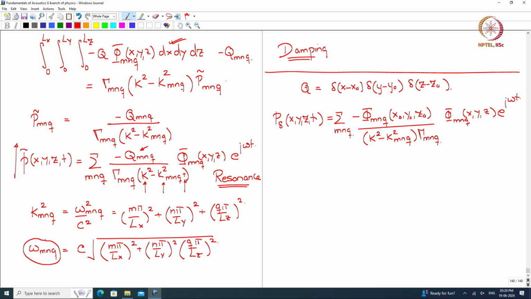So everything has remained the same, numerator and denominator, except this one, whereas earlier it was with respect to a general forcing or a volume velocity source. Here the volume velocity source is at a point x0 y0 z0, so it would change.